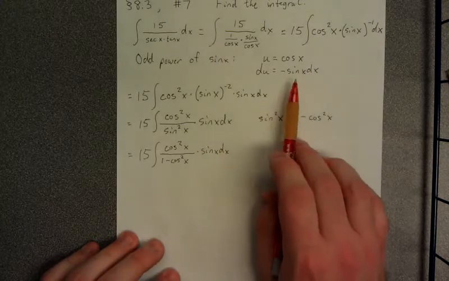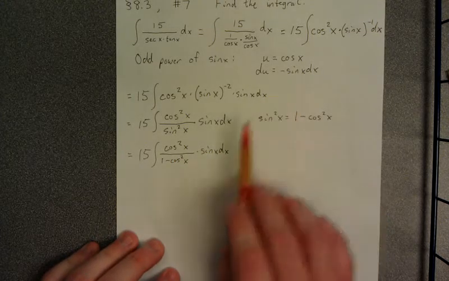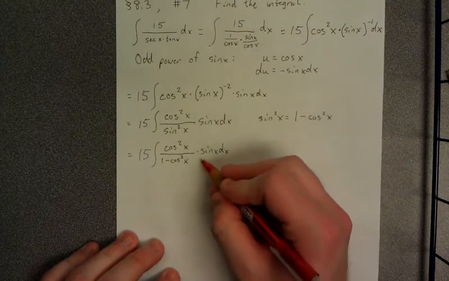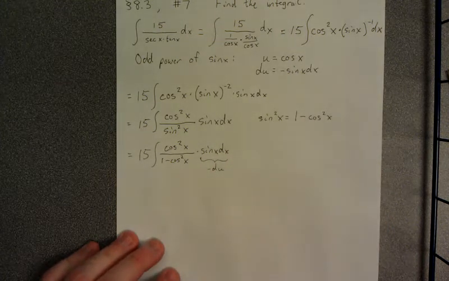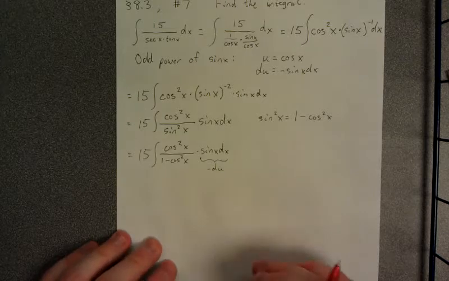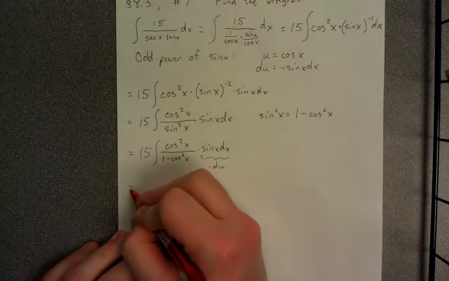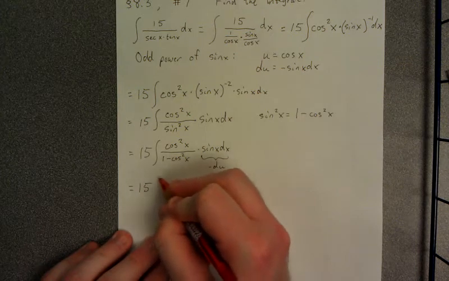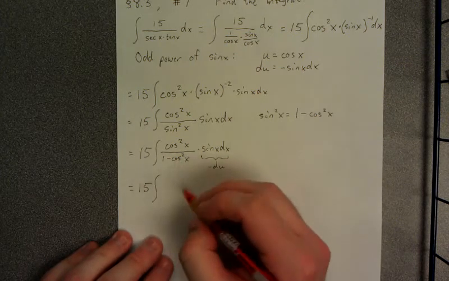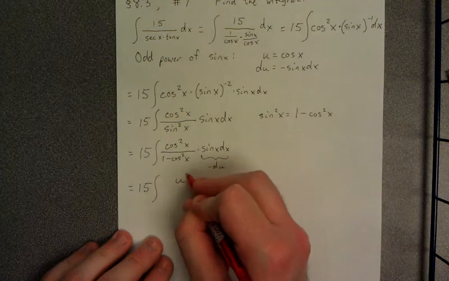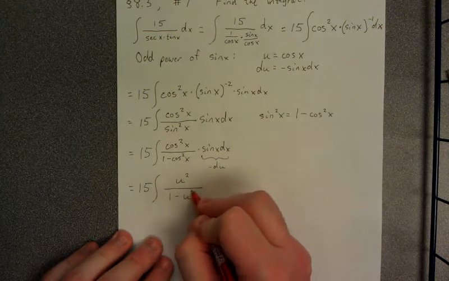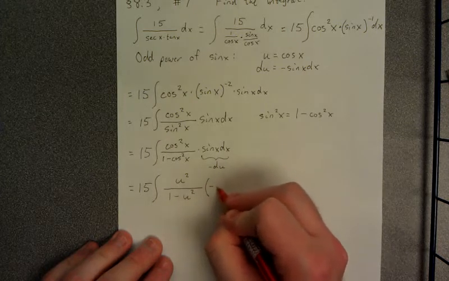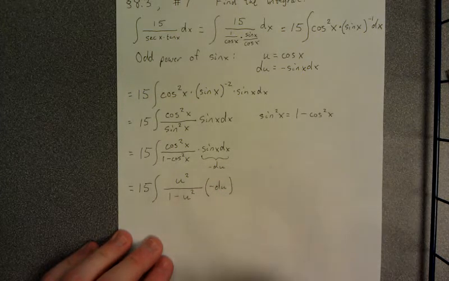Now, given that du is negative sine of x dx, our sine of x dx will become negative du. I think that's enough for us to go on. So this will be 15 times cosine squared x will become u squared over 1 minus u squared times negative du.